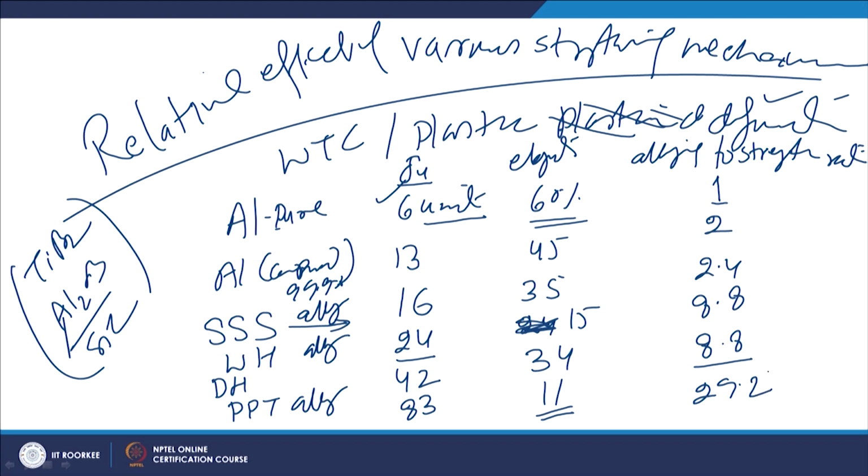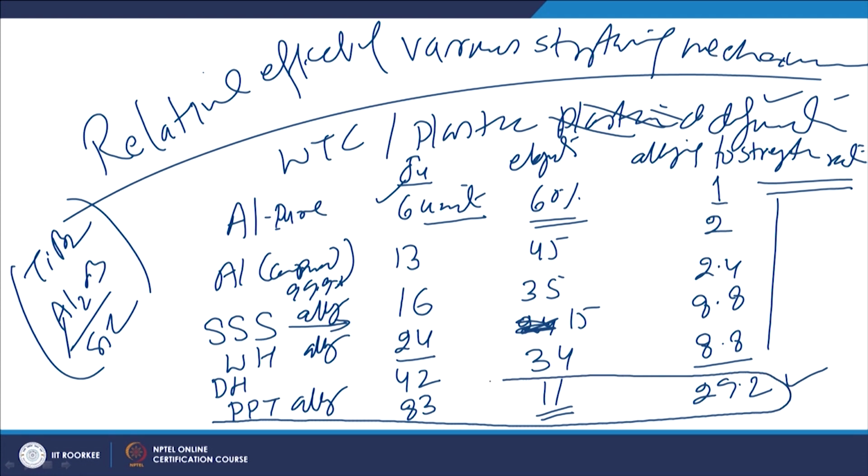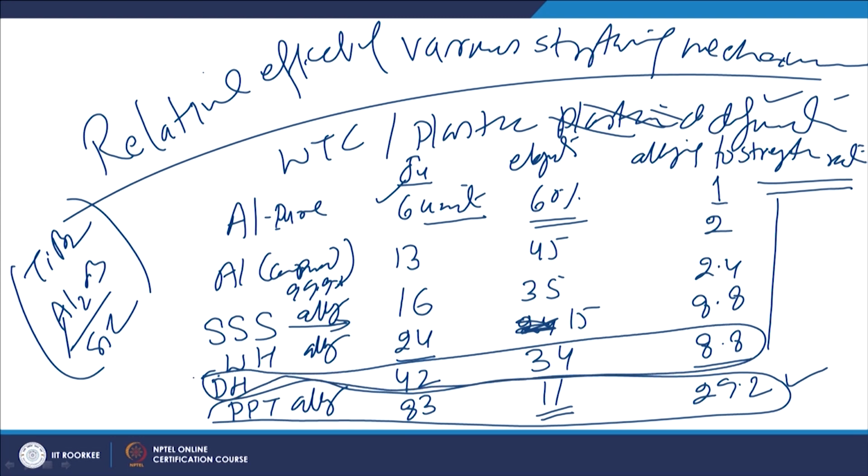So, for unit alloying, the strength increase observed in precipitation hardening is maximum and somewhat lower for the others. The effectiveness of alloying for increasing strength is maximum for the last approach, the precipitation hardening alloy system, and then somewhat lower for the dispersion hardening system, where a strength of 42 units is realized, and the increase in strength for unit alloying is 8.8.